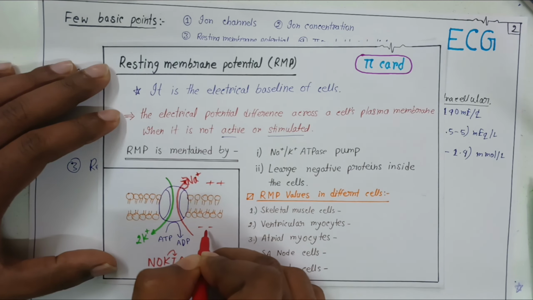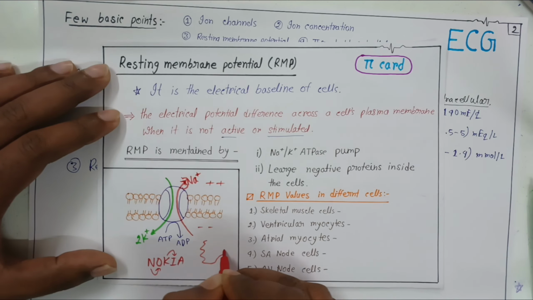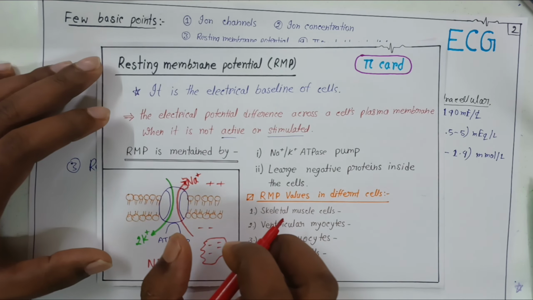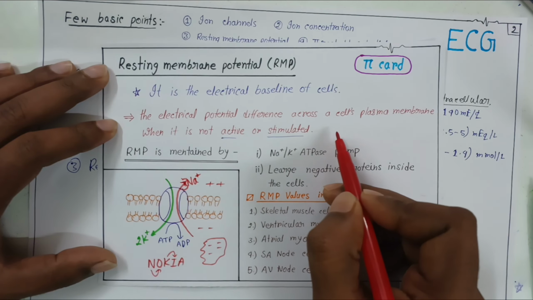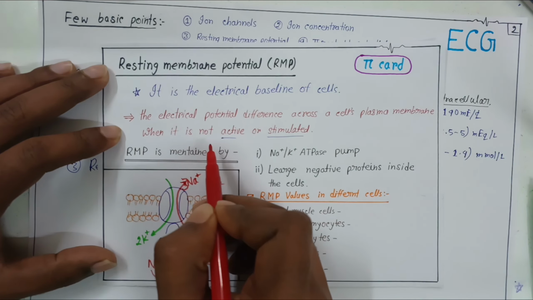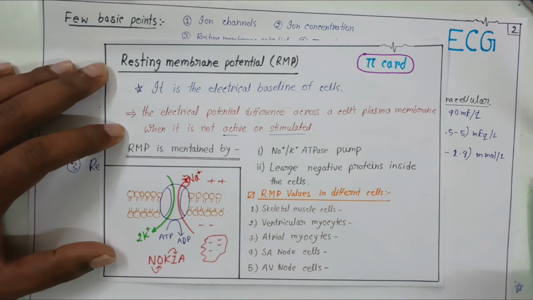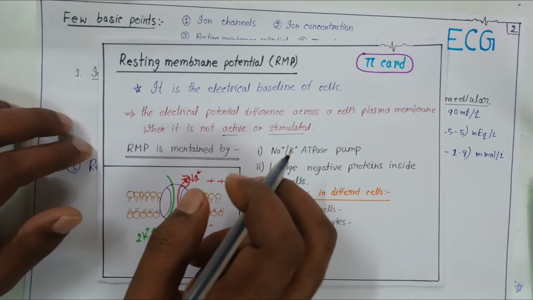And to aid this negative charge, there are larger negatively charged proteins inside the cell. So that is the resting membrane potential. The definition is the electrical potential difference across the cell's plasma membrane when it is not active or stimulated. So let's discuss a few values of resting membrane potential of different cells.